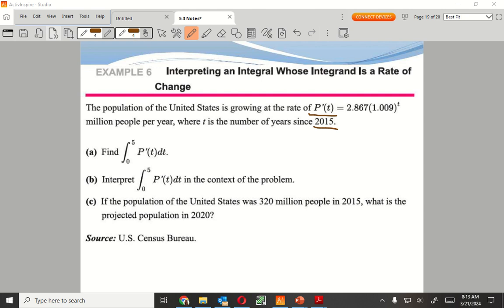So that means the 0 on the bottom is referring to 2015, and then the 5 would be 5 years later, which refers to 2020. Because if the 0 is my start at 2015, 5 years later is going to be 2020. But we'll talk about that in a moment as part B.